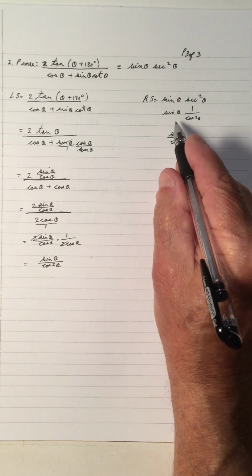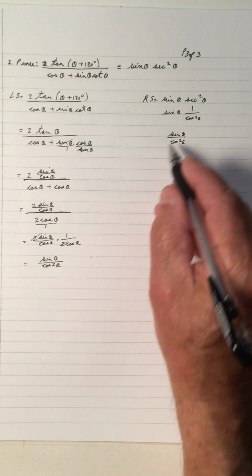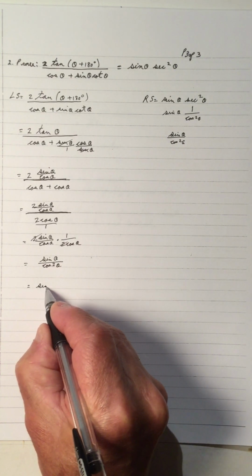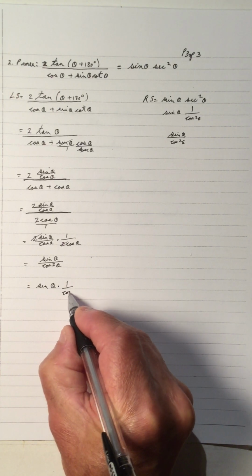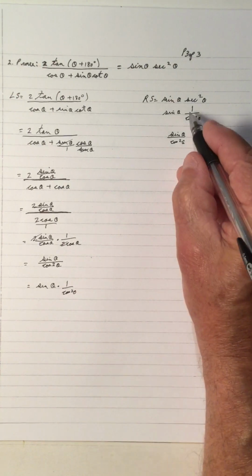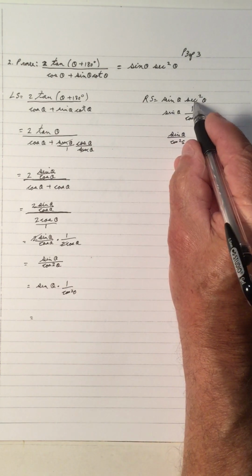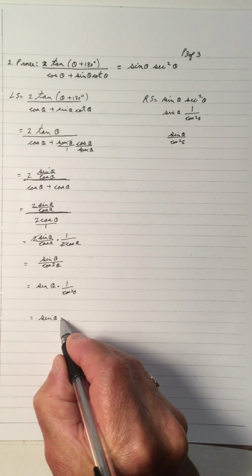So what we do now is reverse it. These two are equal, so we take this step, put it right here. So that's sine theta times 1 over cos squared. So I took this step and moved it here, and then this step. So I reversed the steps.